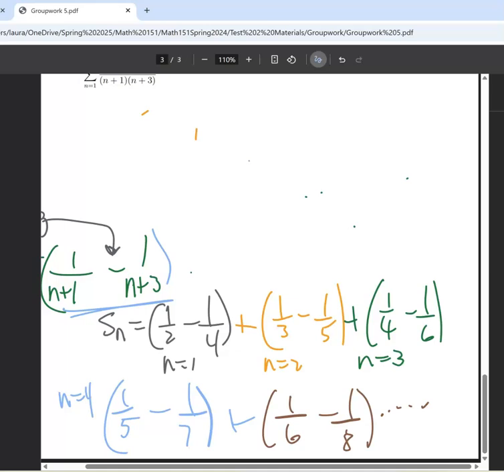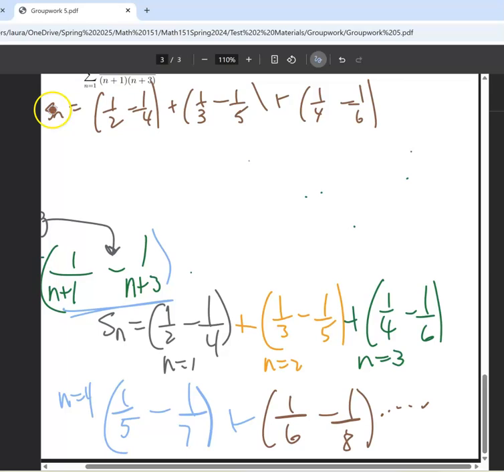Okay. I'm going to summarize it and put it up here so we can keep it organized because it matters, right? So 1/2 minus 1/4 plus 1/3 minus 1/5 plus 1/4 minus 1/6 plus 1/5 minus 1/7 plus 1/6 minus 1/8 plus dot, dot, dot.